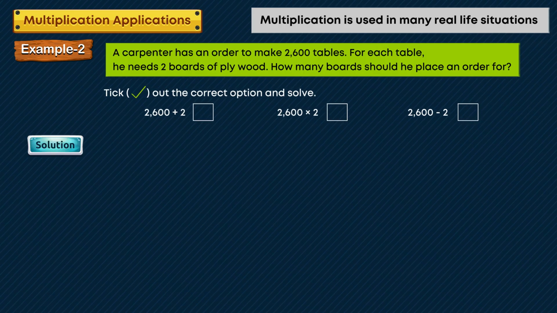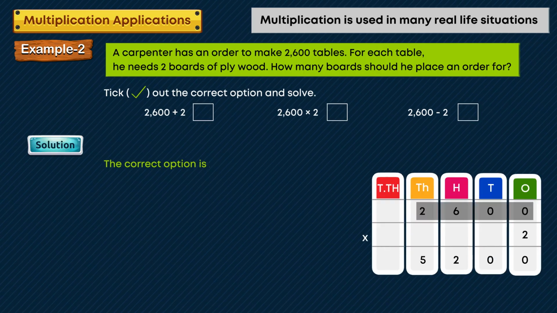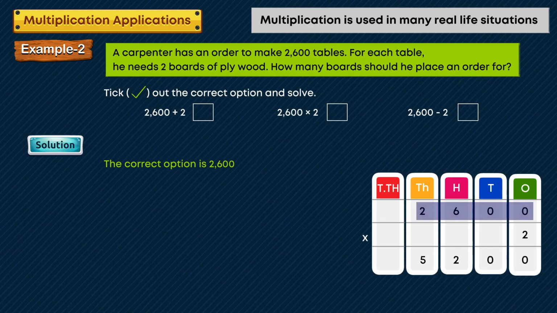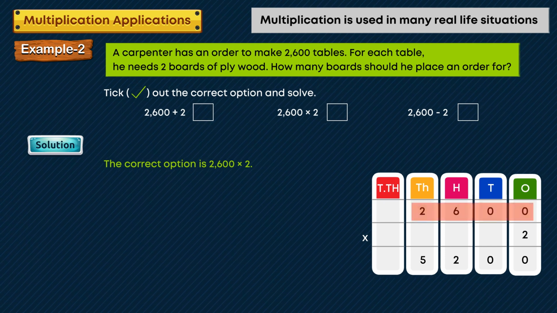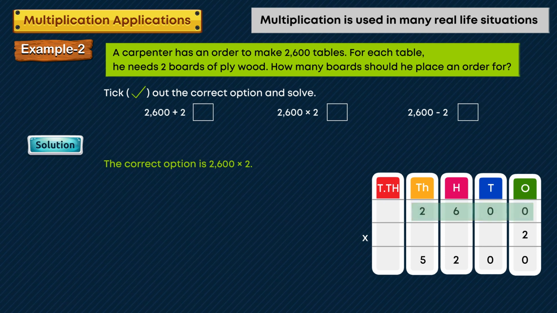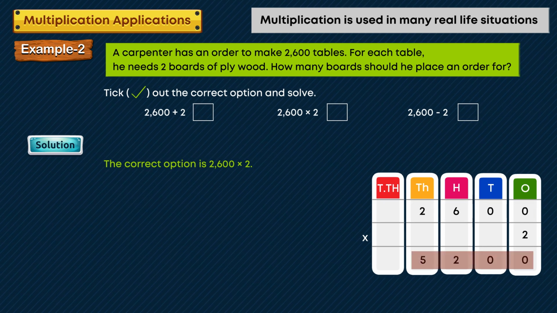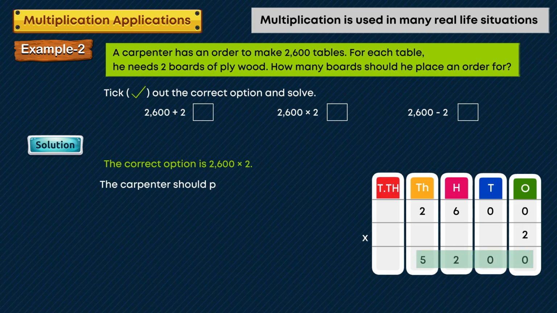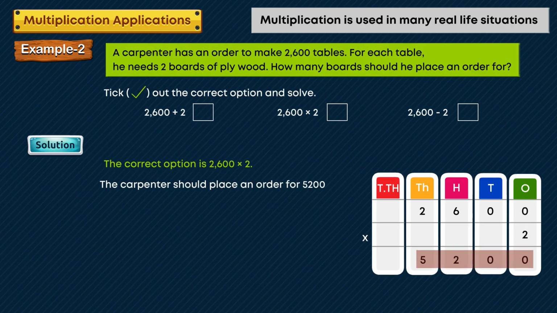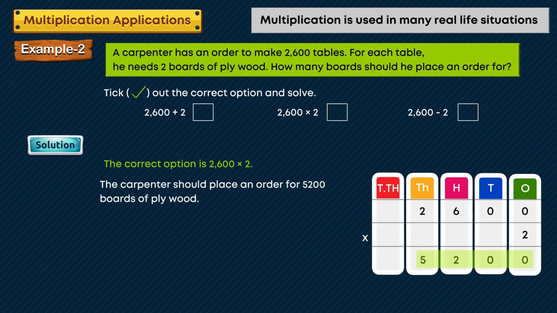Solution. The correct option is 2600 into 2. 2600 into 2 is equal to 5200. The carpenter should place an order for 5200 boards of plywood.